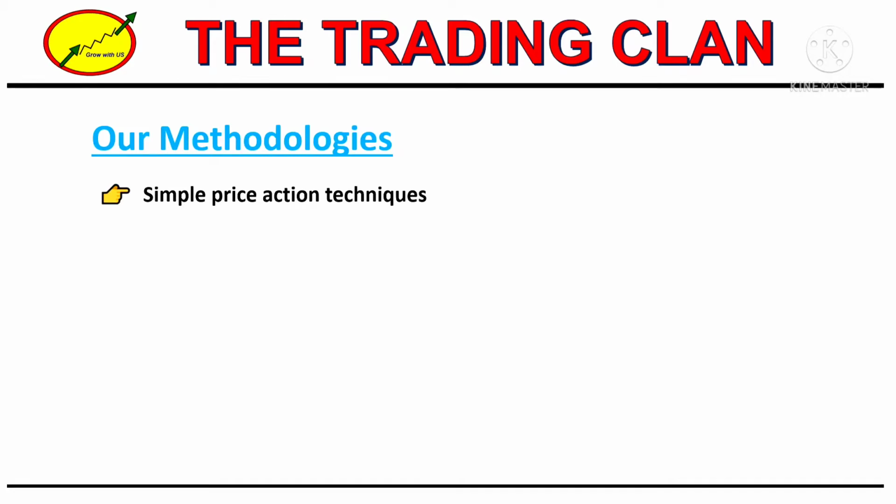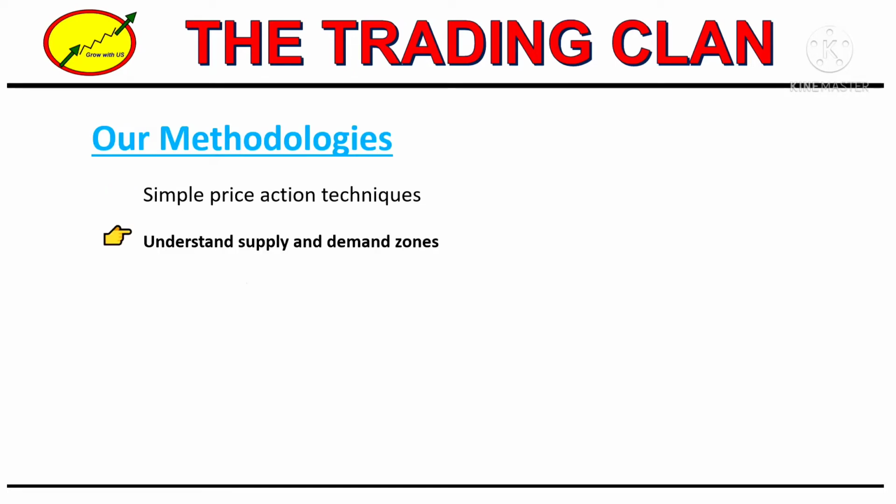Here we are using a very simple price action technique. We are understanding the supply and demand zone, and again we are going to look for the major pivot points. The beauty of our methodology is very early entry, which leads to less risk.